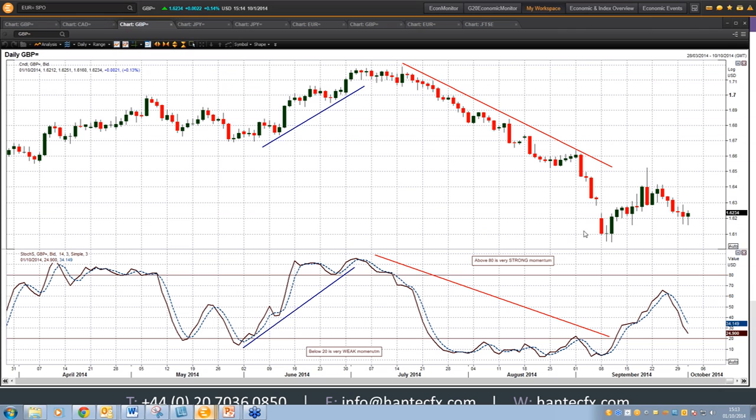Now, as it turns out, that rebound was just a rebound within the downtrend, but still it was a rebound nonetheless, and you would have probably been using that as a change of signal, and I'll go through that in a little bit.